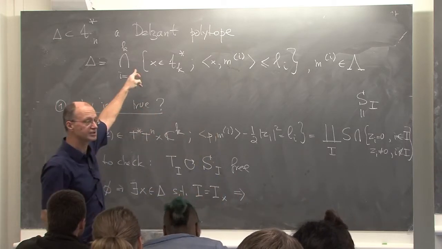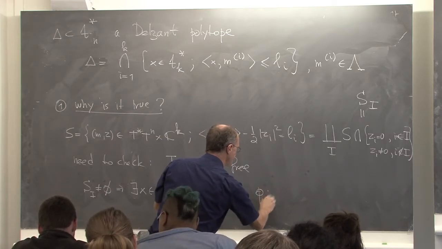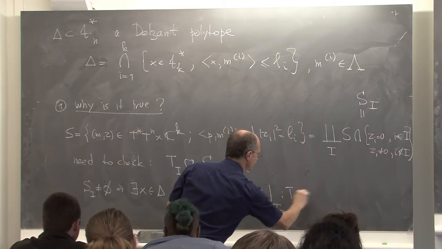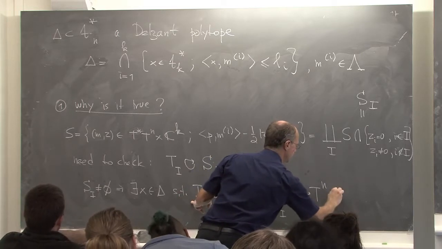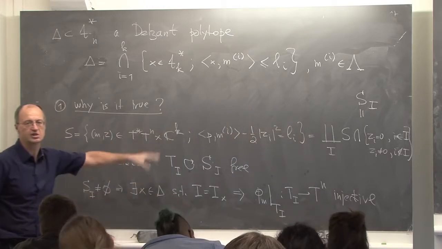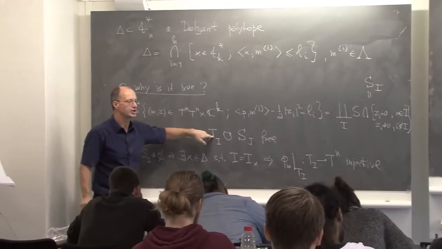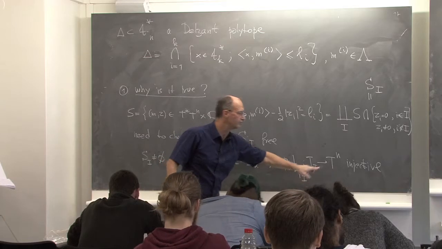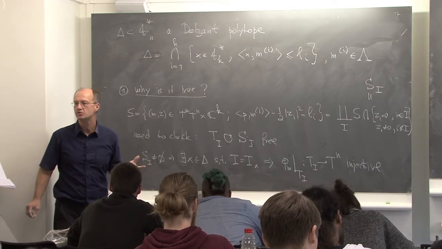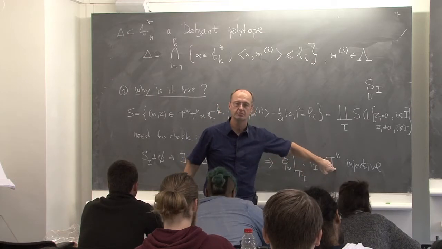Then by our Delzant condition, this means that the induced map, the map phi M restricted to T_I from T_I to Tn, is injective. That was in some way the whole idea of the story. Those T_I's which actually exist in nature embed into Tn injectively, even though the whole Tk has no chance to embed into Tn injectively. It's just much, much bigger. But all those T_I's do embed injectively.